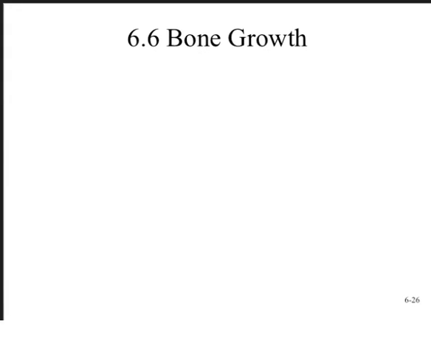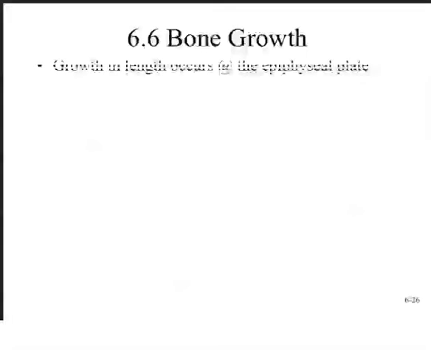Now, we want to pick up where we left off in our discussion of bone growth. When we're considering long bone growth, longitudinal growth occurs at the borders that are defined by the epiphyseal plates, which is a remnant of hyaline cartilage left behind at the end of development.